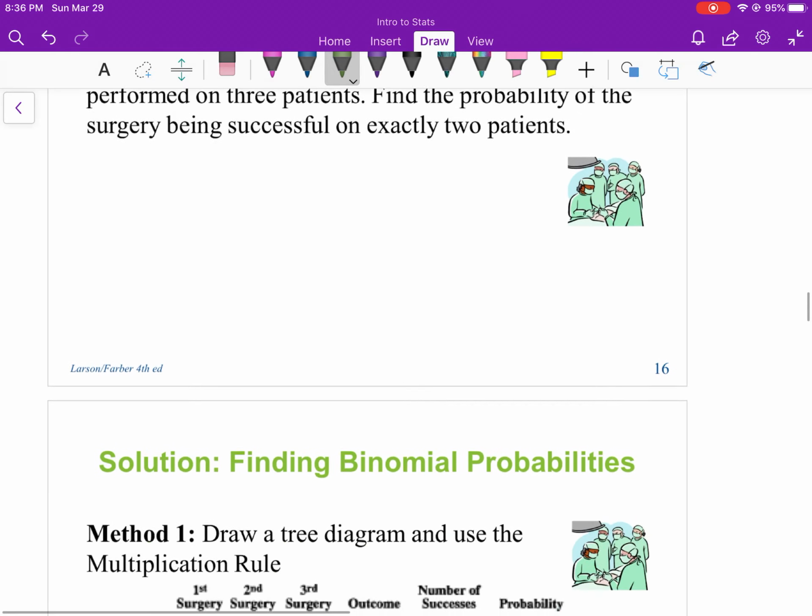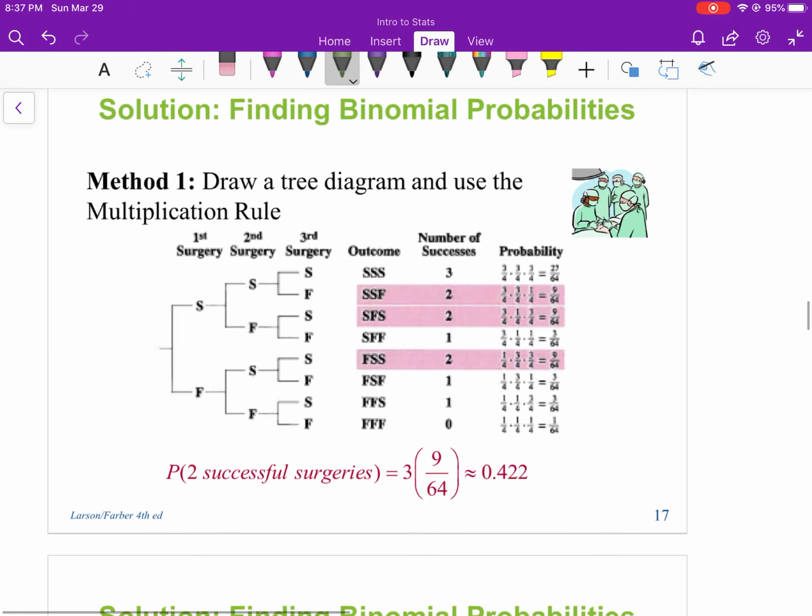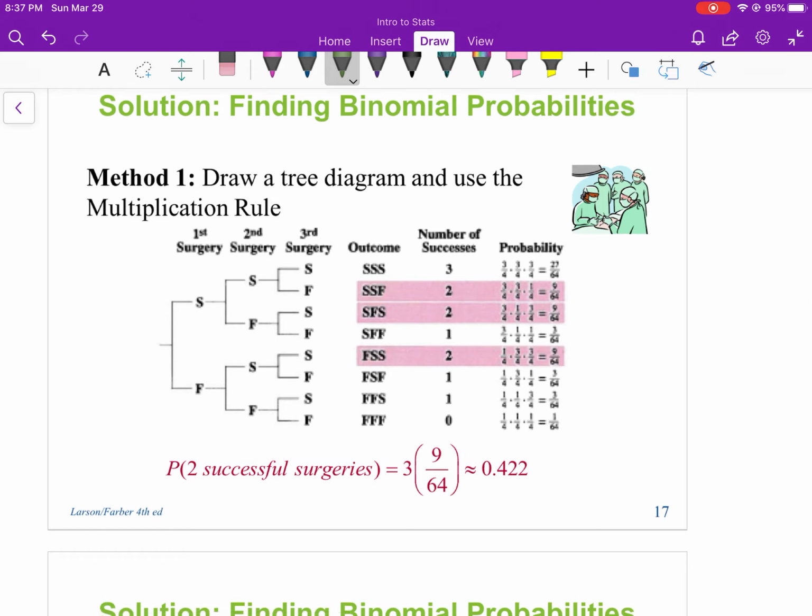So back in chapter 3, if we would have had this problem, you might have written out a tree diagram. And by doing the first surgery and then your second and third, you have all of these outcomes right here. Then what they did was they found the combinations where they had exactly 2 successes.